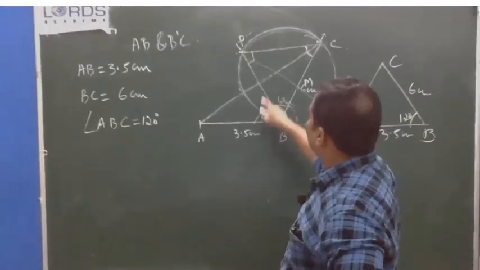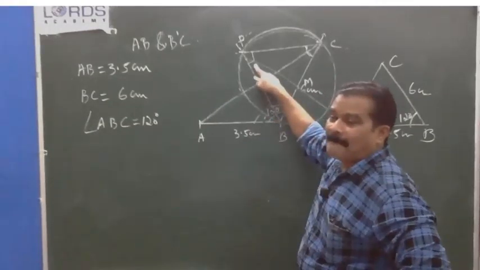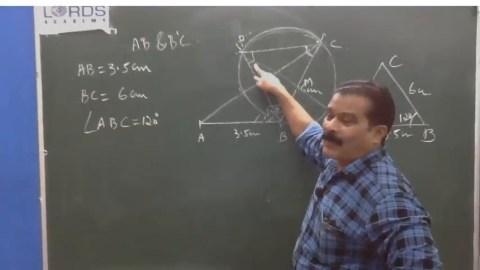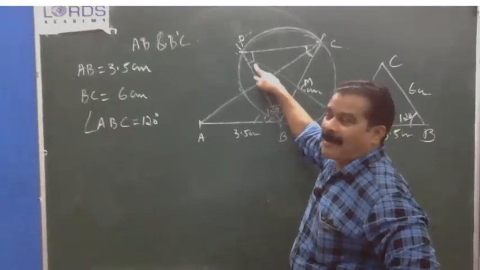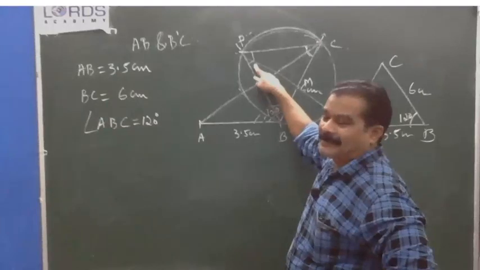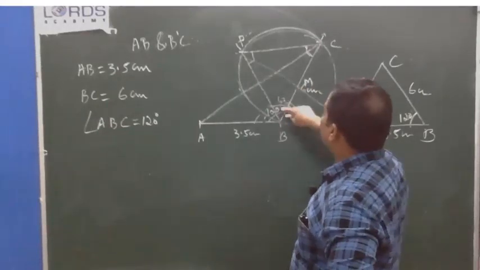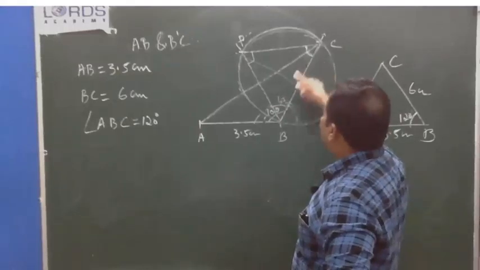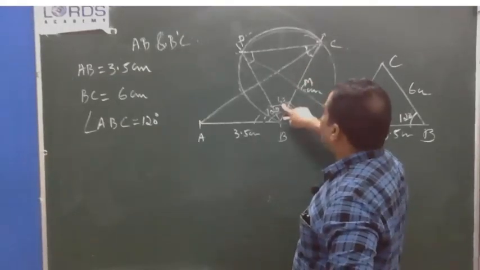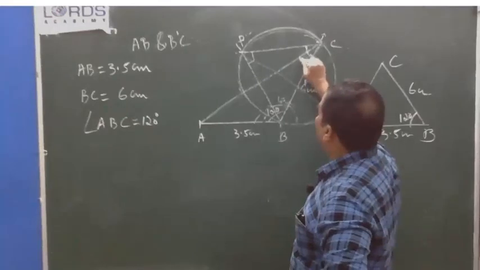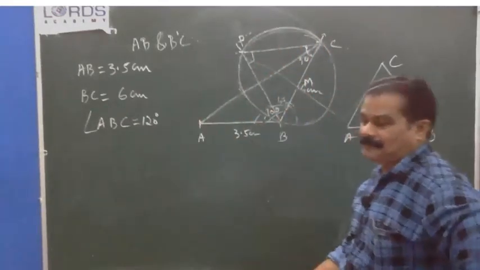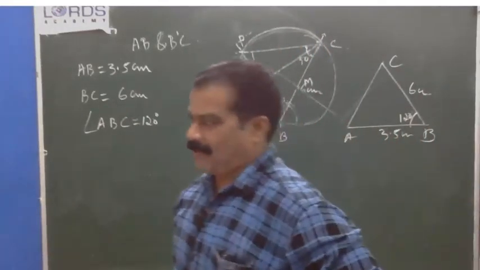Did you understand? Then when you add these two, you will get 90. This is 60. Therefore, 90 minus 60 is equal to 30 degree.